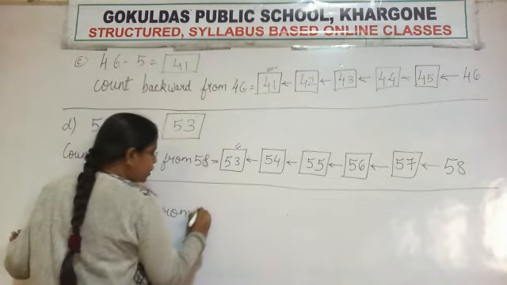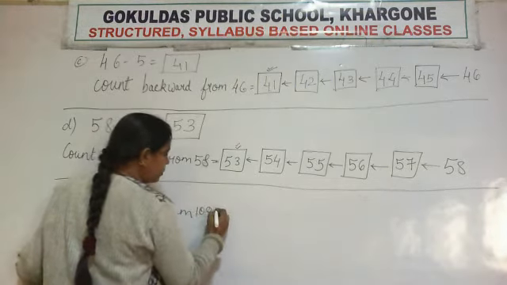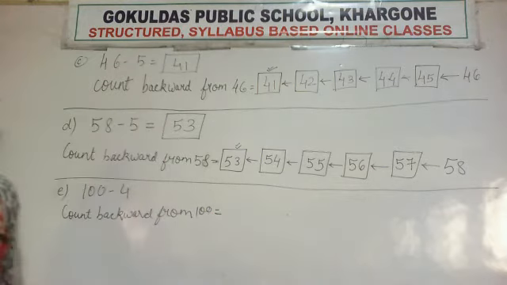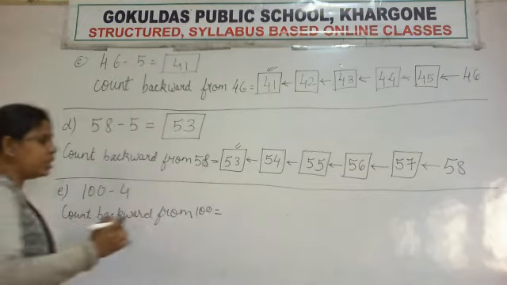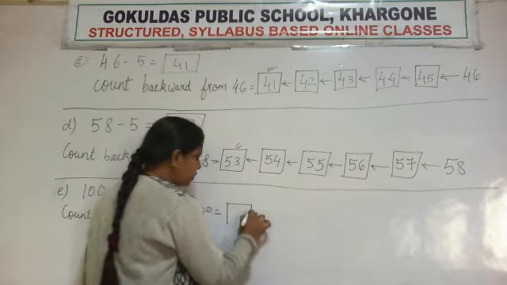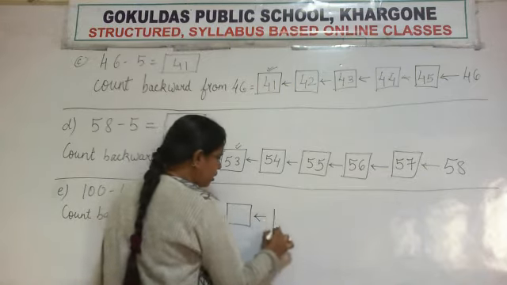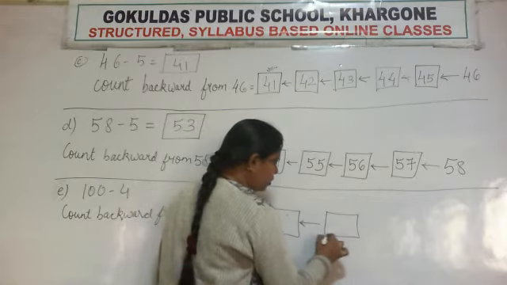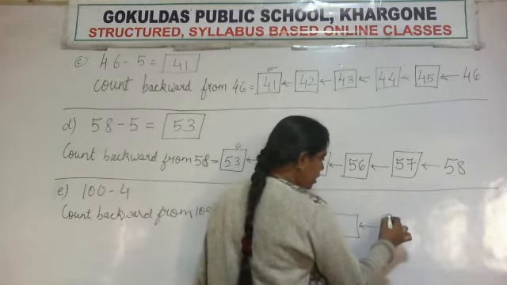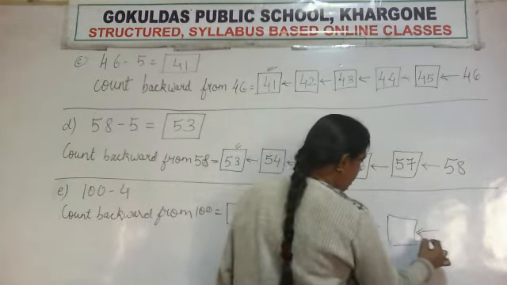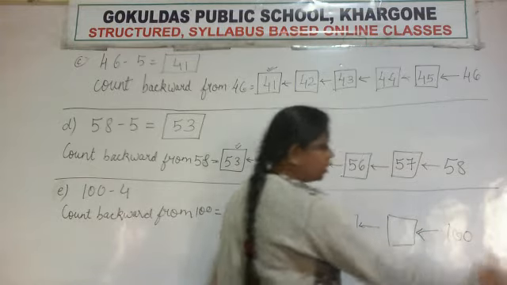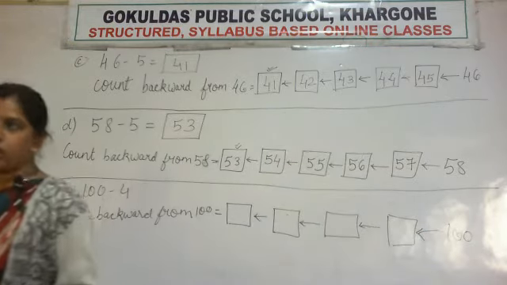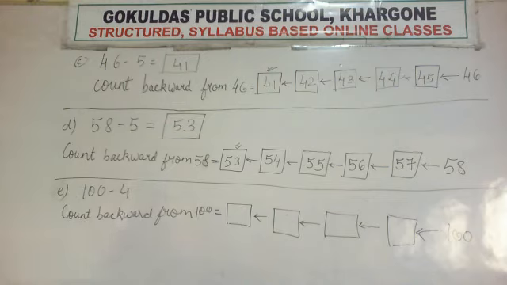And how many numbers do you have to count? Backward 4 numbers. So make here 4 boxes. 1, 2, 3 and 4. And write here 100. Try to solve it yourself.